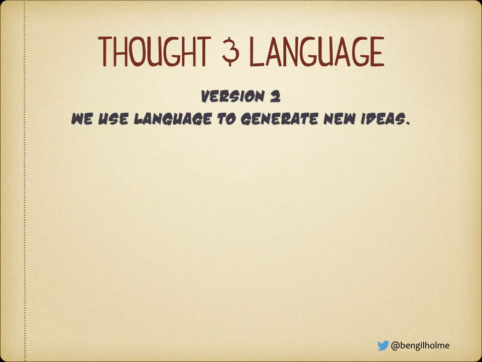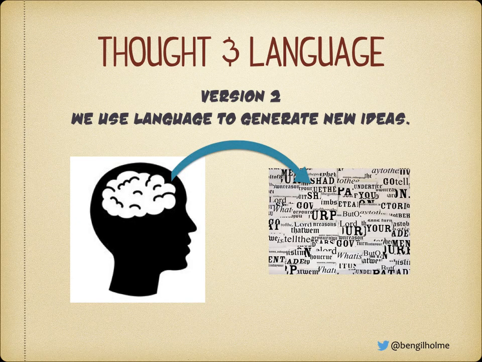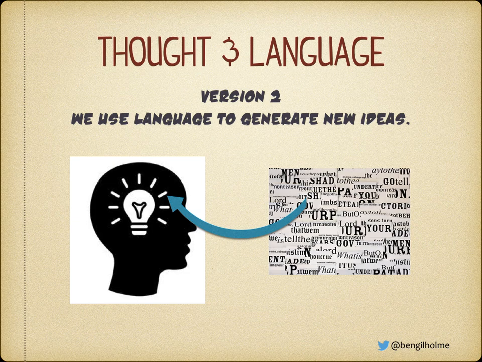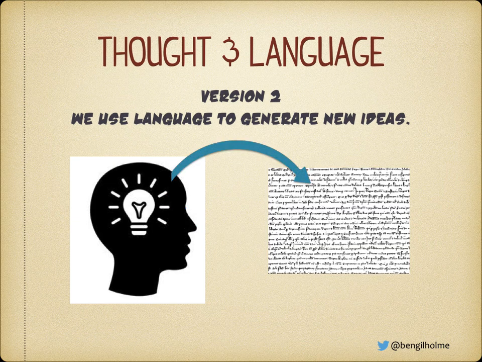So a second version is that we use language to generate new ideas. It doesn't mean that we don't come up with our own ideas, but what it does mean is that as soon as we use language to try and organize those ideas, or to express those ideas, or to condense them, or whatever it is that we want to do with them, it somehow changes those ideas, and not in a bad way.